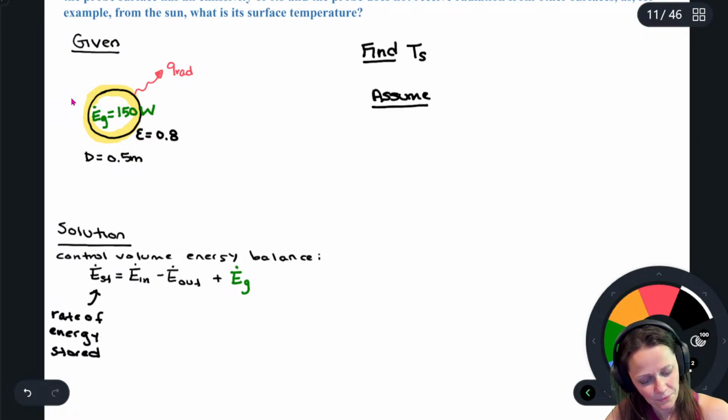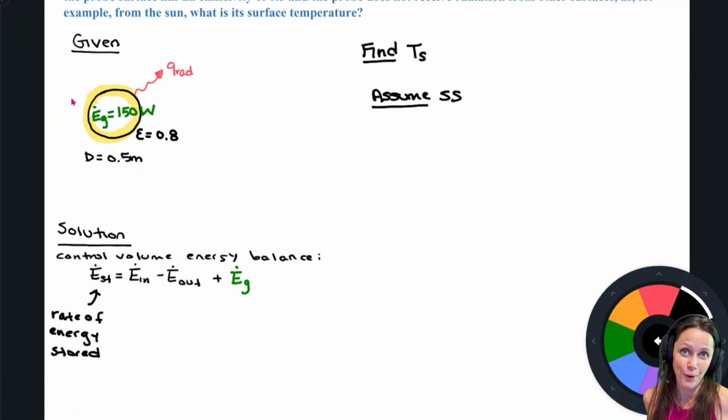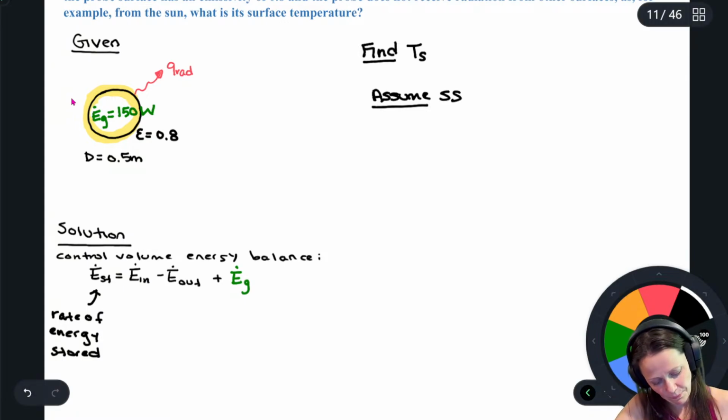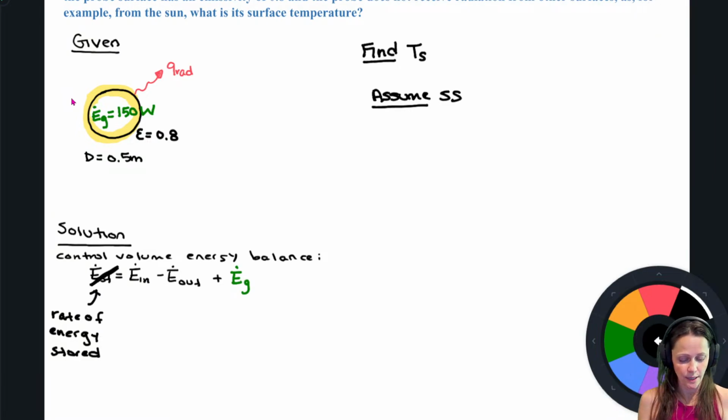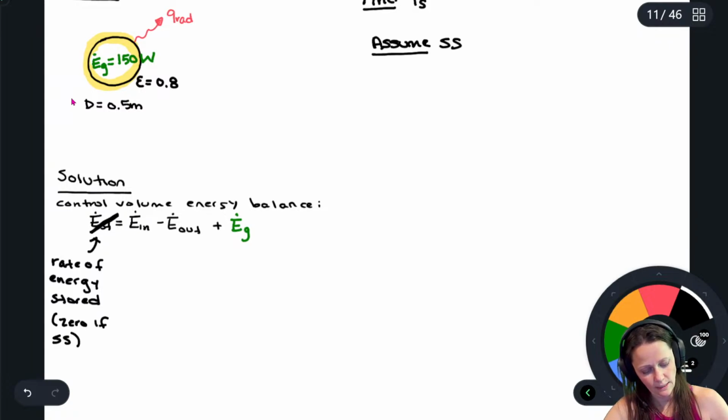All right. So we'll go ahead and assume steady state because I don't really know how things are changing with time anyway. So I would like to get rid of that E dot ST because things are not changing with time. So I'll make a little note that this is 0 if it's steady state, SS.